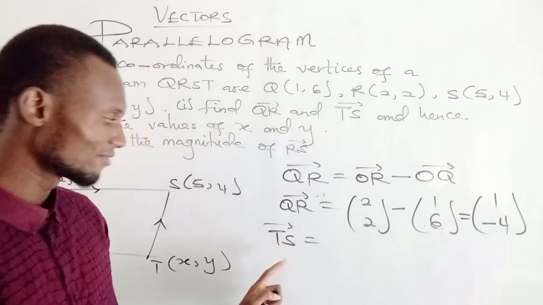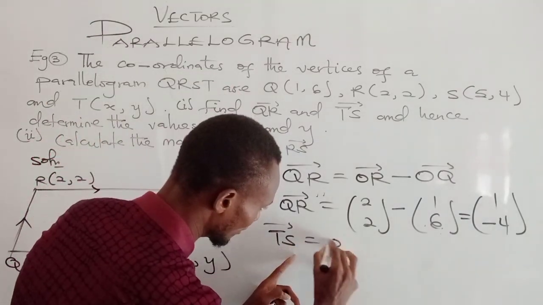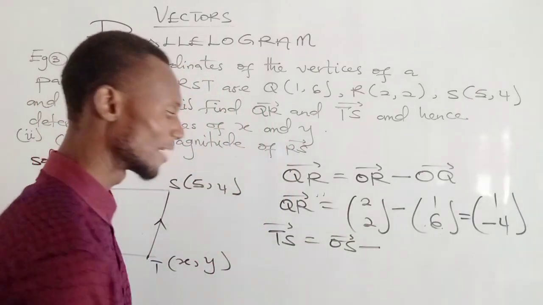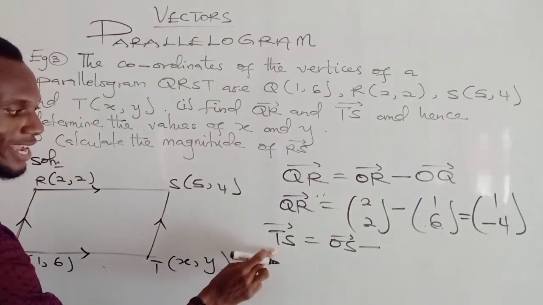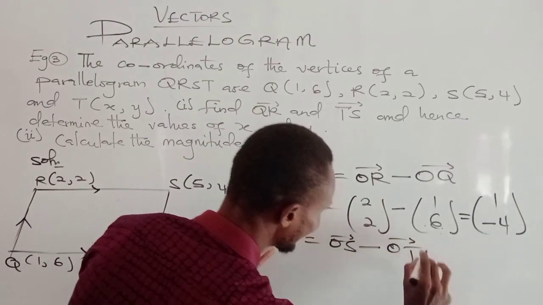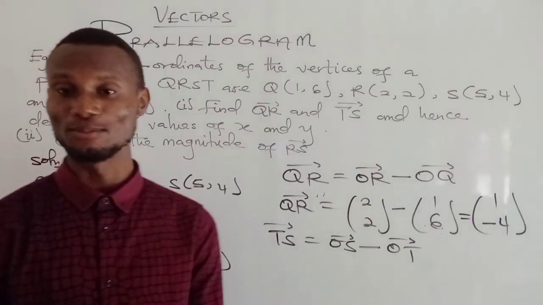So the position vector of the last letter here, which is the S, is going to be OS minus the position vector of the first letter, the T. So it's going to be OT. And I hope you understand and you agree with me up to this point.